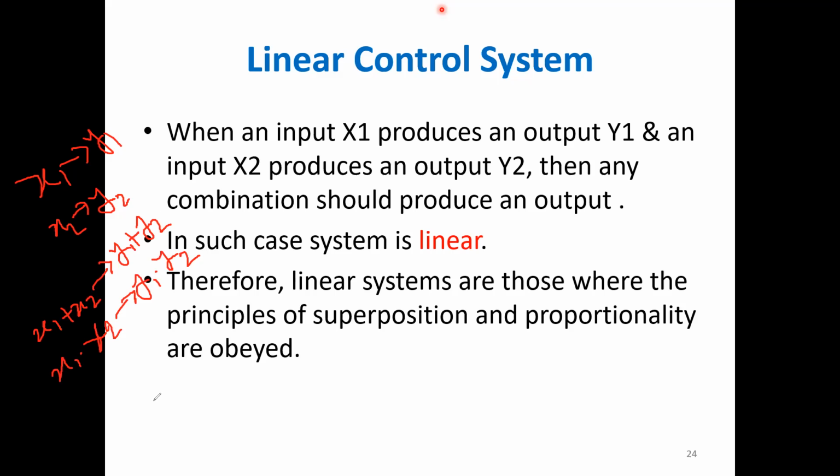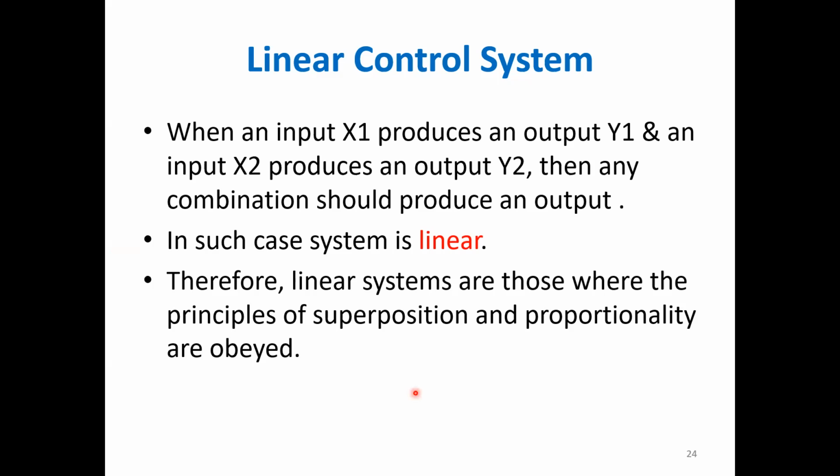So linear systems are those where the principles of superposition and proportionality are obeyed. Remember this. Okay, let's move on to the next.